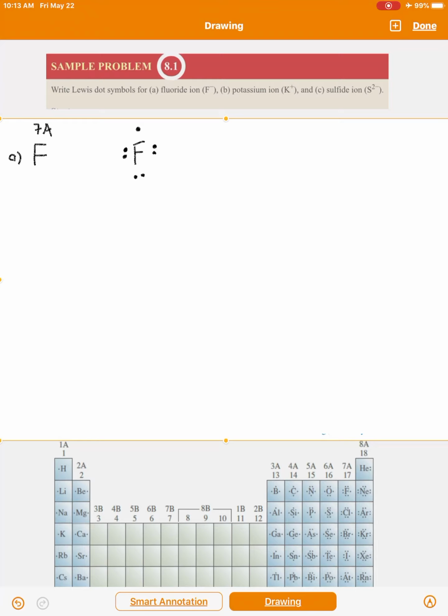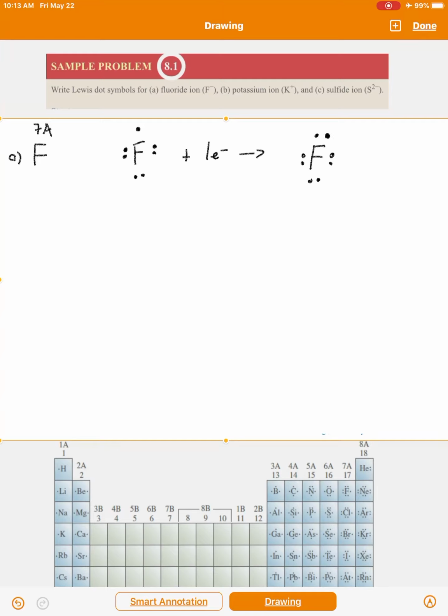But it says to do the fluoride ion, so we want to make it negatively charged. So we're going to add 1 electron. That's reduction, right? If you add 1 electron, it goes into the valence shell. So I put it right there.